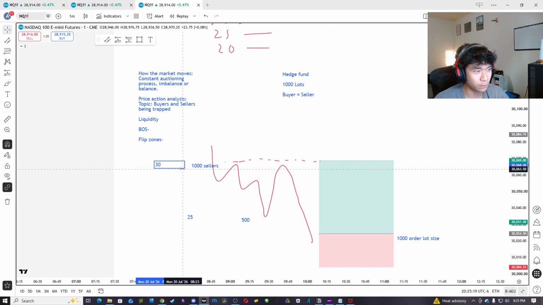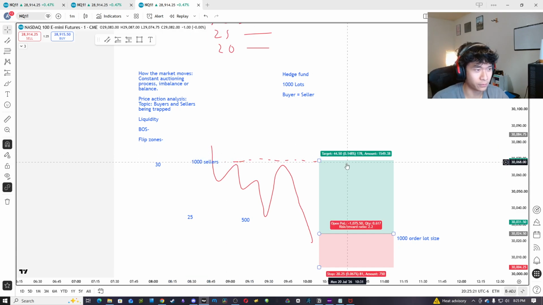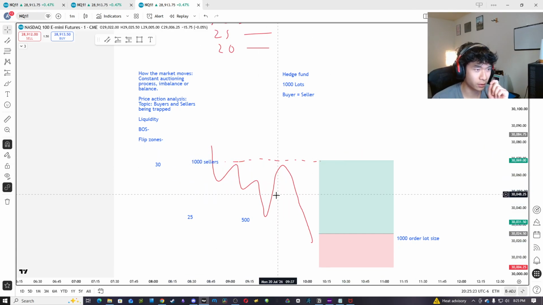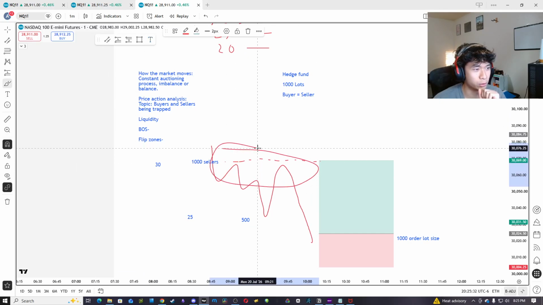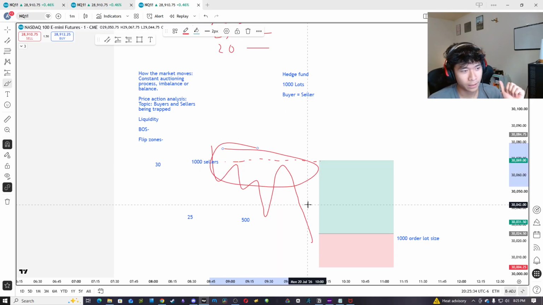But price needs to accumulate this amount of sellers first, right? So the way they do that is they start trapping a lot of people by convincing them to go short around this price level.